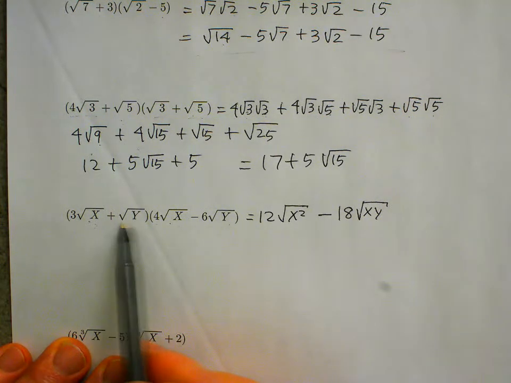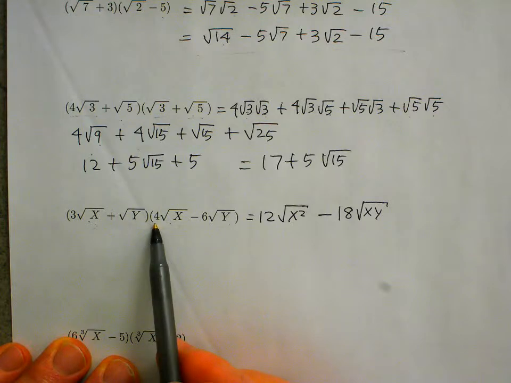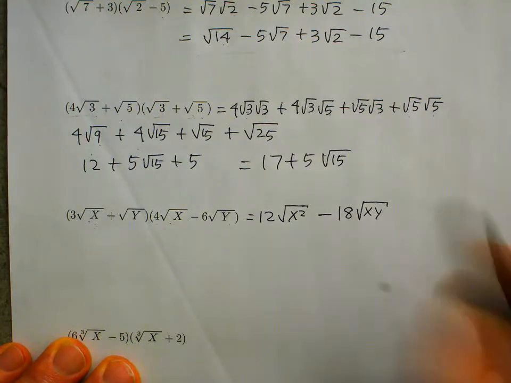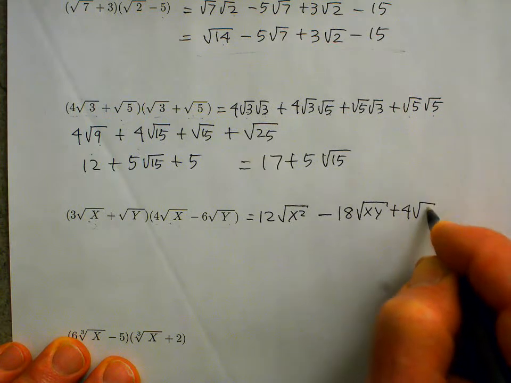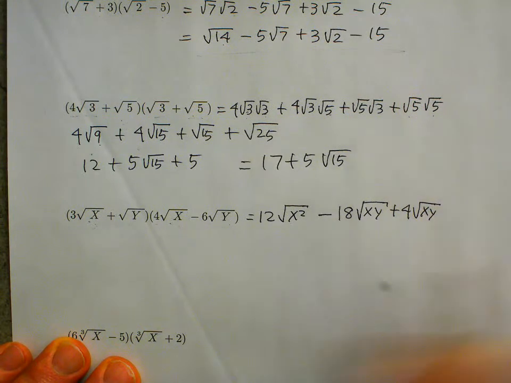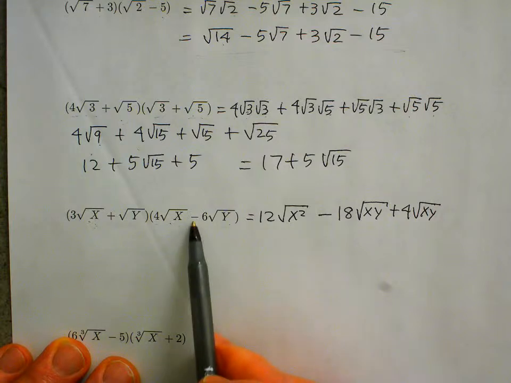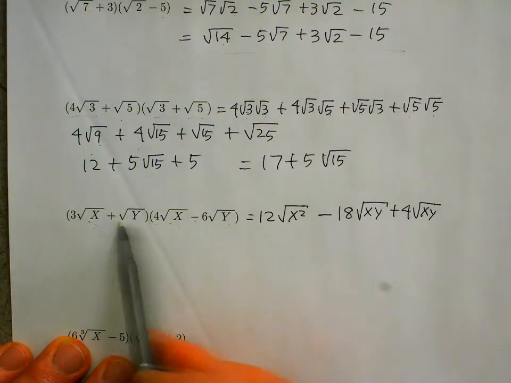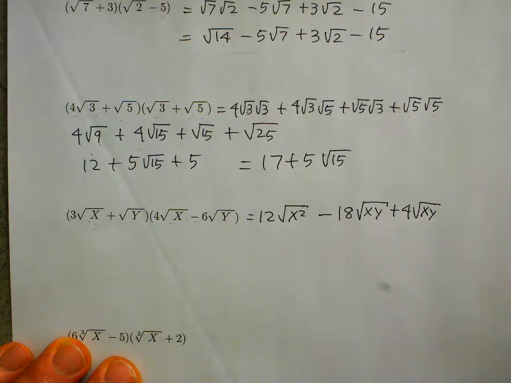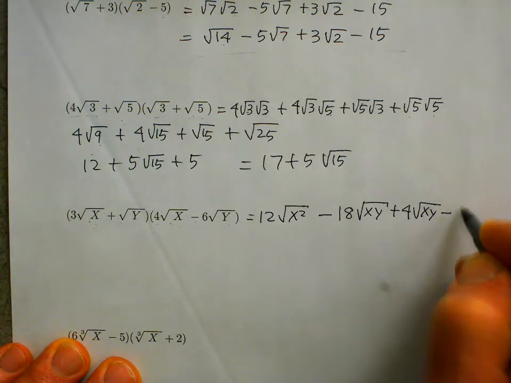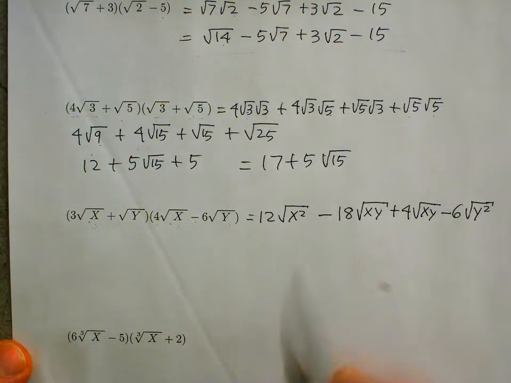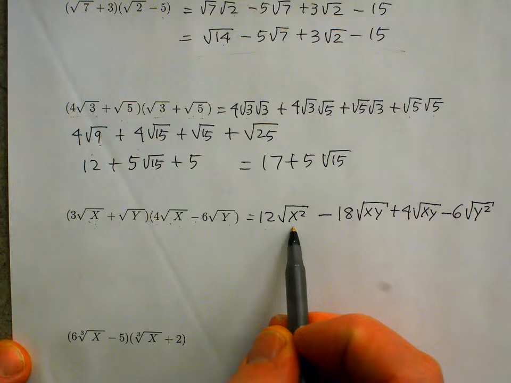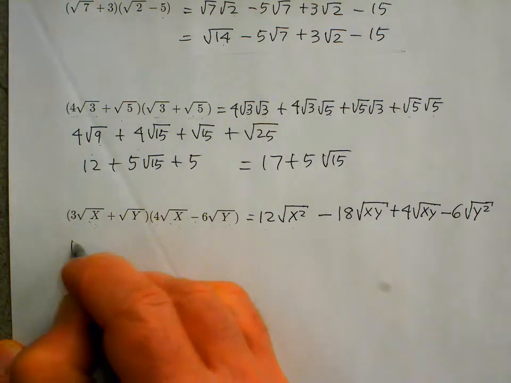And then we multiply the square root of y times 4 times the square root of x. So that's plus 4 times the square root of xy. And then finally, we subtract the square root of y times 6 times the square root of y. So this is minus 6 times the square root of y squared. Okay, 12 times the square root of x squared simplifies to 12x.